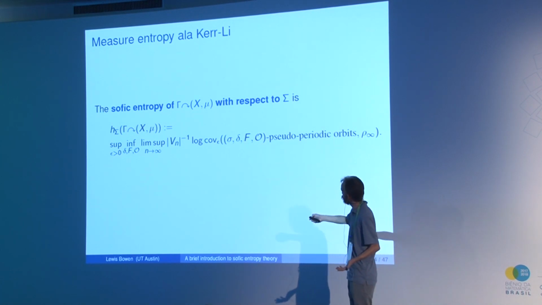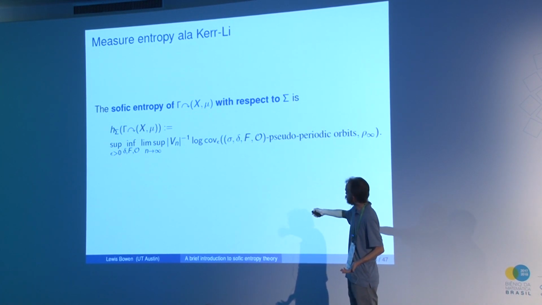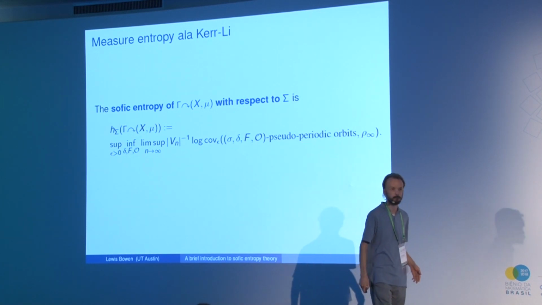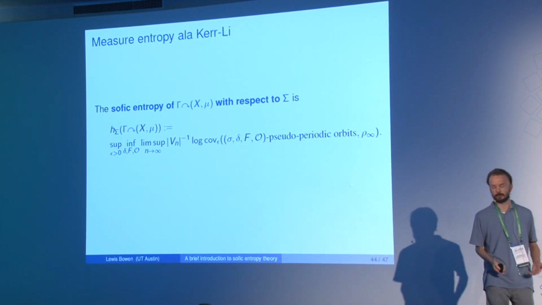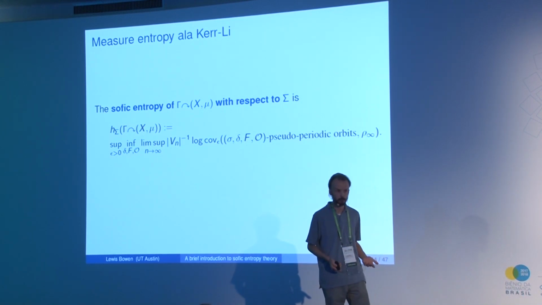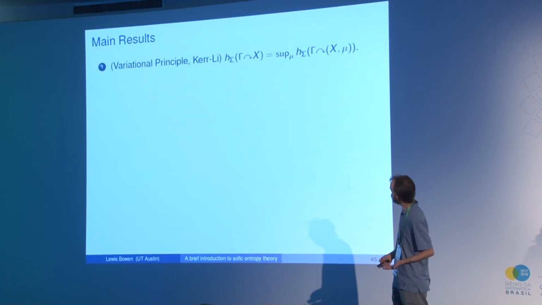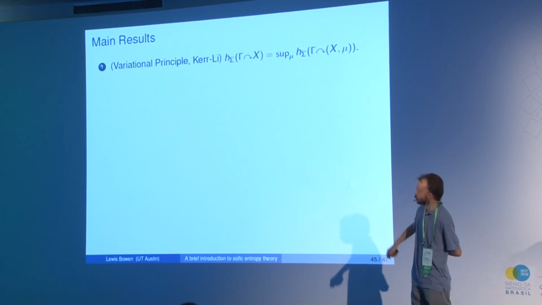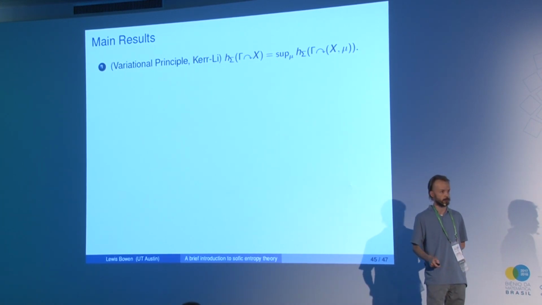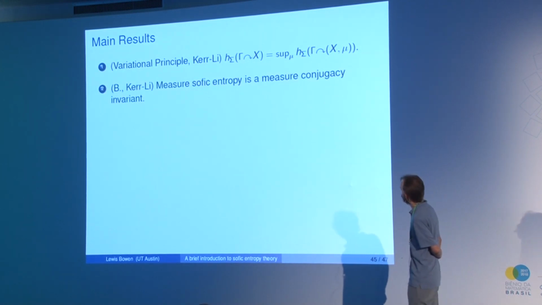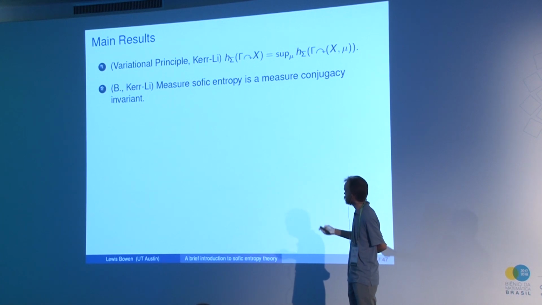We can now define the Sofic entropy of a measure-preserving system as the exponential rate of growth of the epsilon covering numbers of the pseudo-periodic orbits with all of these parameters. It looks difficult and complicated, but in fact it is computable in many cases. By the way, there is a variational principle, so the topological entropy is just the supremum of the measure-theoretic entropies taken over all invariant measures. And measure Sofic entropy is a measure conjugacy invariant.